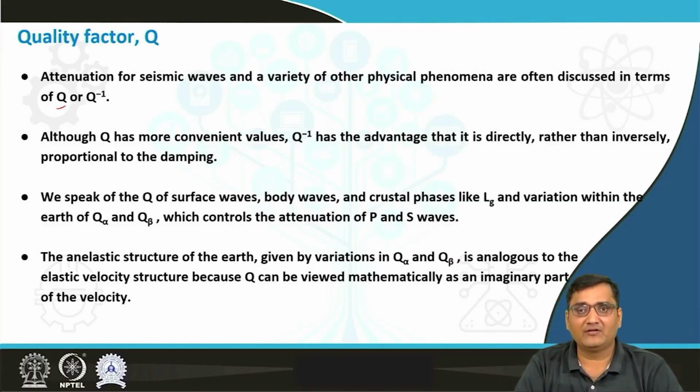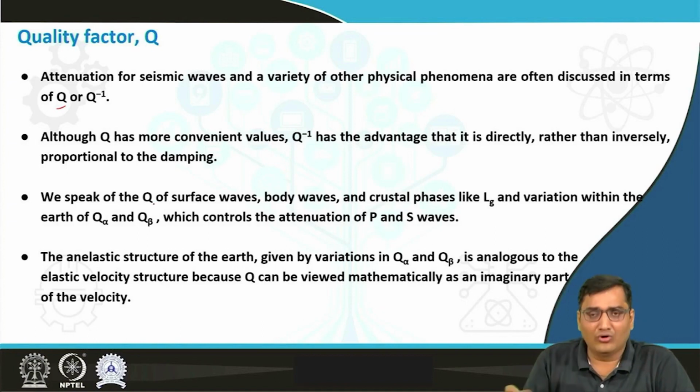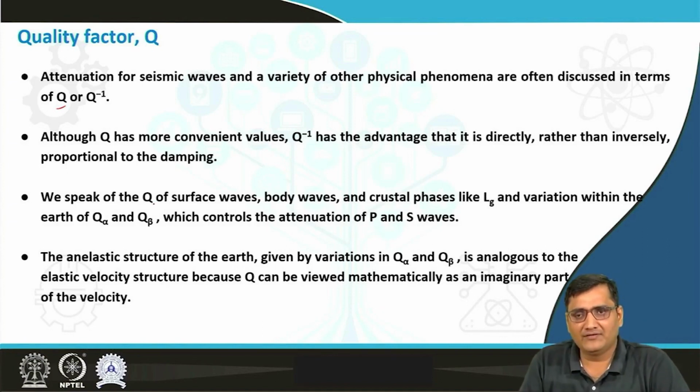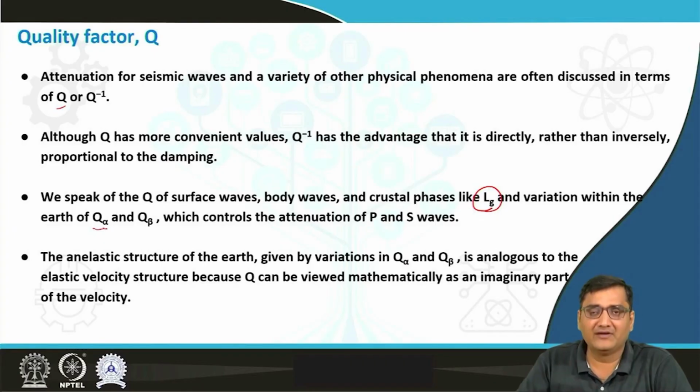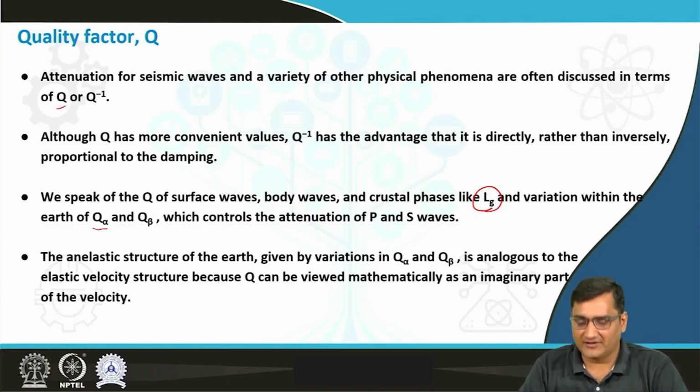When we speak of the Q of the surface waves, body waves, and the crustal phases like Lg, and the variations within the earth, for the quality factor of P wave and the quality factor of S wave, which control the attenuation of P and S waves.